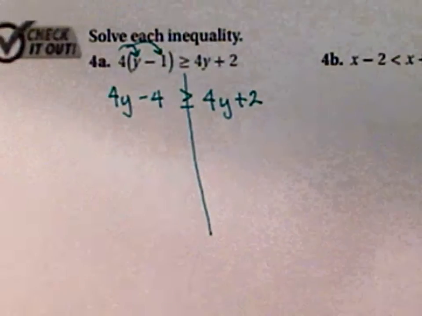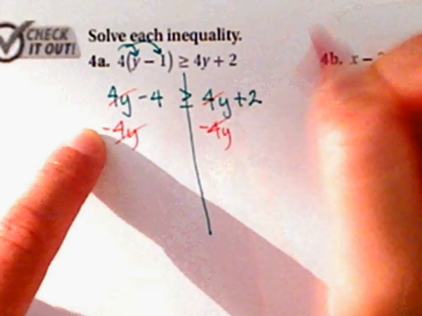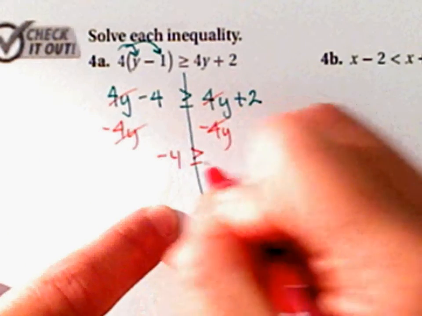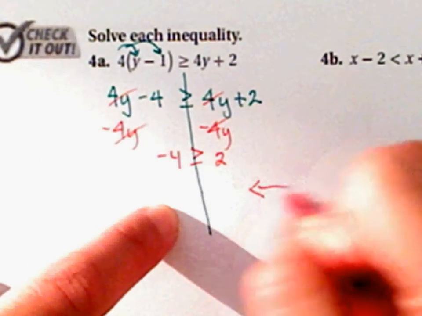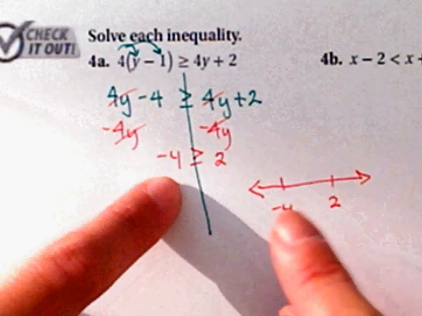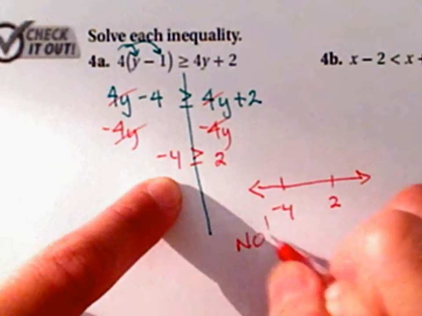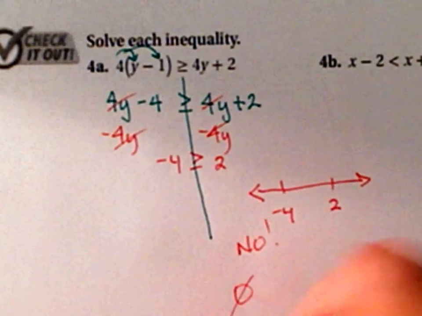Like terms, subtract both sides. So you have negative 4 is greater than or equal to 2. Let's take a look at your graph. Negative 4 is here, 2 is here. Is negative 4 greater than 2? Nope, not true. So you would have no solution.